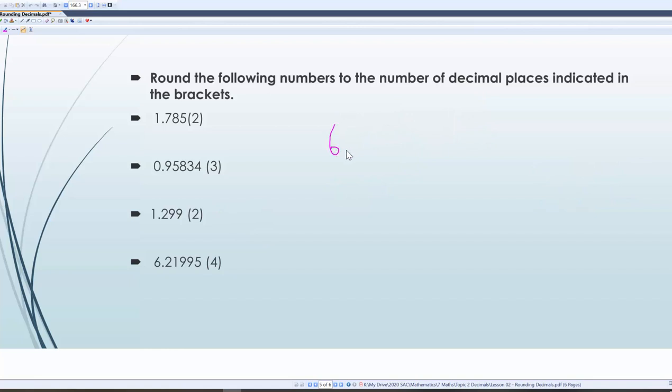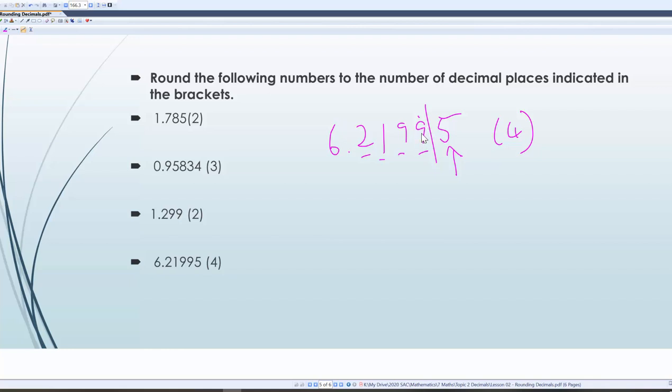All right, so we've got 6.21995, and we want that to 4 decimal places. First, second, third, fourth. Line goes there, critical digit. Critical digit says this has got to go up by 1. So this 9 is going to be a 10, but we can't have 10 in that column.